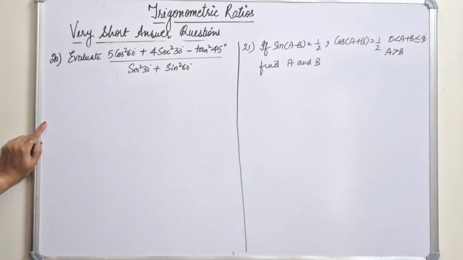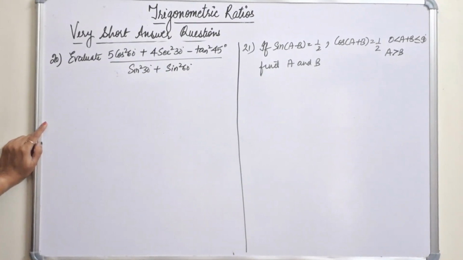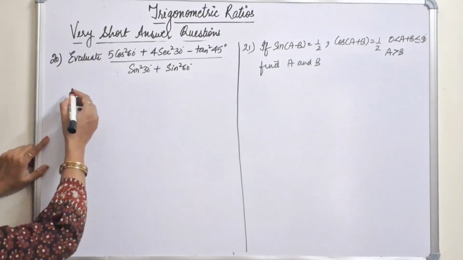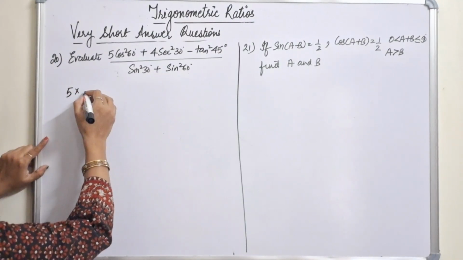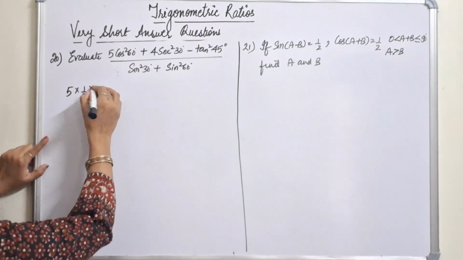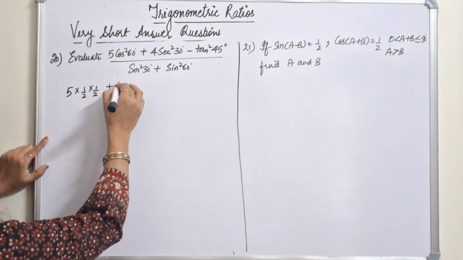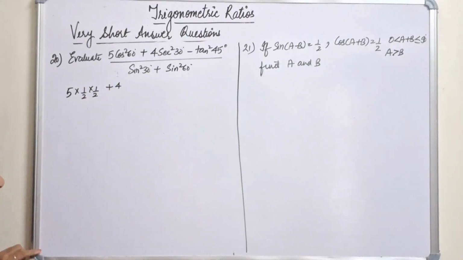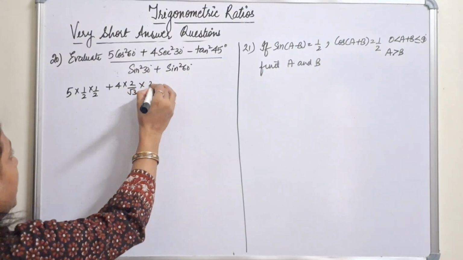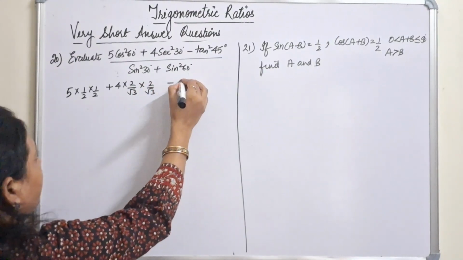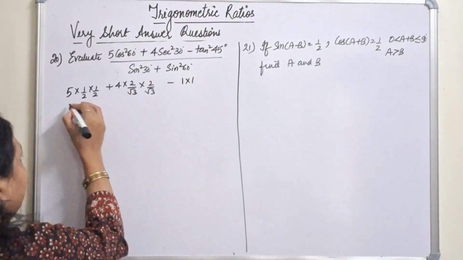Question number 20, you have to evaluate the value of the given expression. So substituting the value, 5 cos 60 is 1 upon 2 into 1 upon 2 plus 4 sec of 30 is 2 upon root 3 and 2 upon root 3 minus 1, into 1.